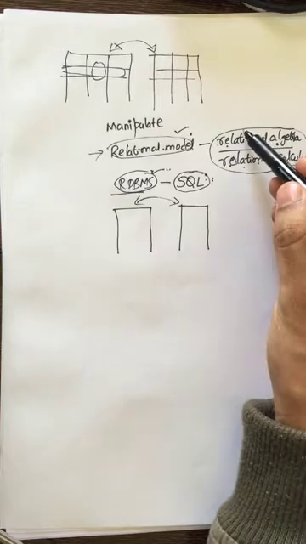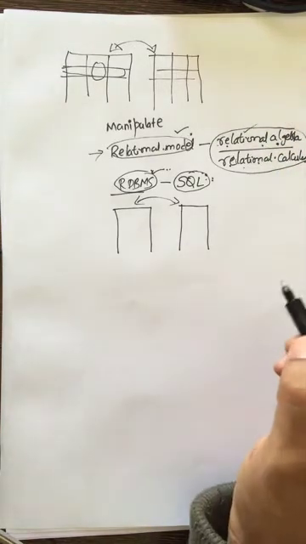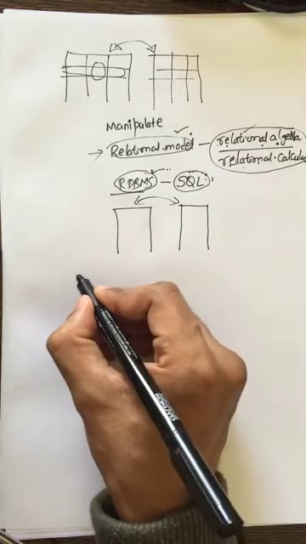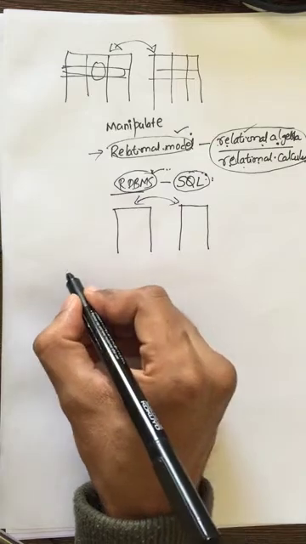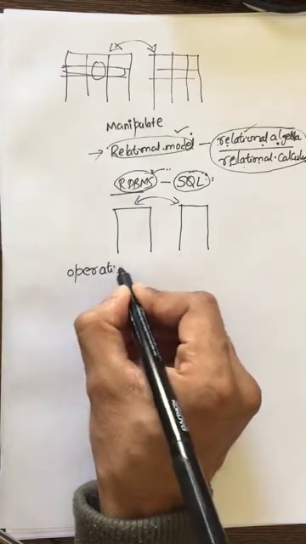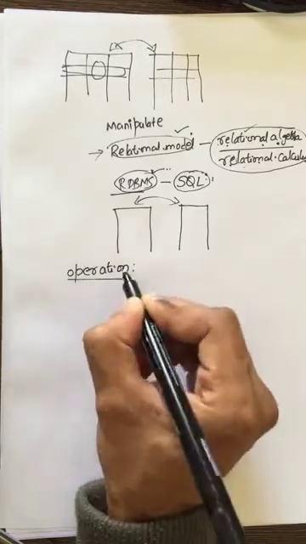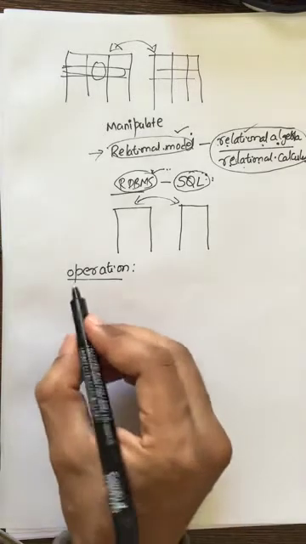So first we shall focus on relational algebra. Relational algebra is going to have some operations. So the terminology is like this. First we have something called operations. Operations mean these are the smallest units of work that we can perform on any table or relation.